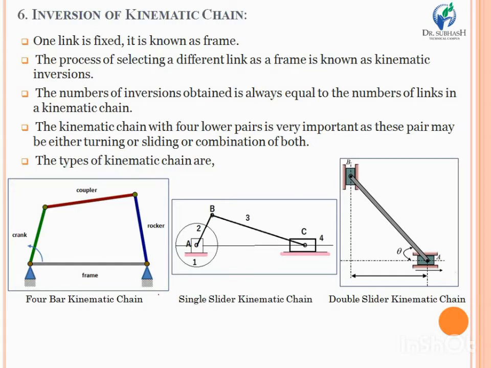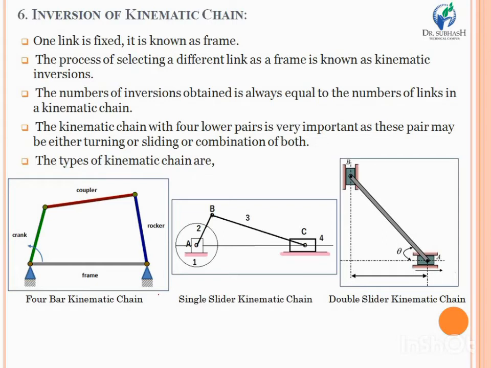When the different links of a kinematic chain are used as a frame, the relative motion of various links is not altered, but the absolute motion will be altered. The process of choosing different links of a chain for the frame is generally called kinematic inversion. That means if you select each link for the required output from the kinematic chain, that will ultimately be known as kinematic inversion.